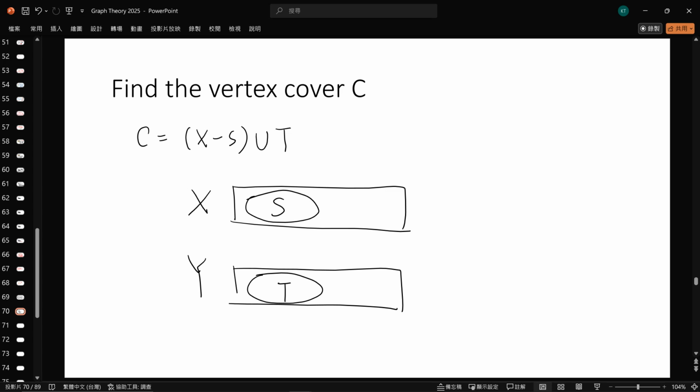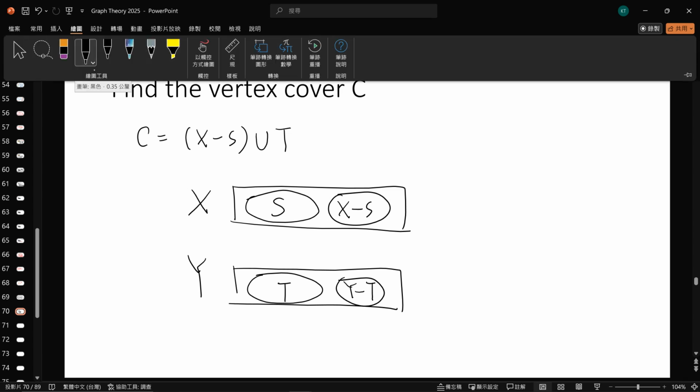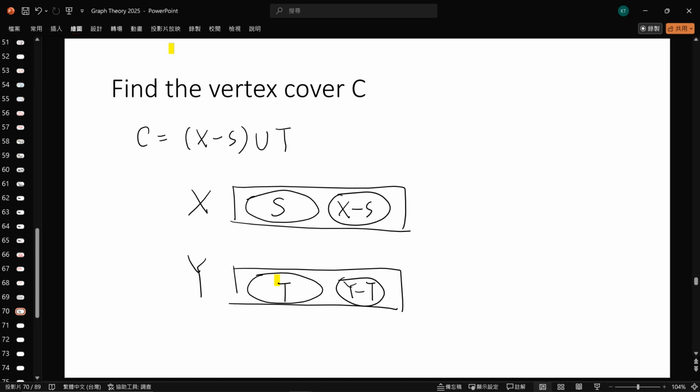Okay, so you also have vertices that are not in S and T, so we have X minus S and Y minus T. To construct a vertex cover, we're going to take these two sets, and then we'll prove that these two sets combined form a vertex cover.